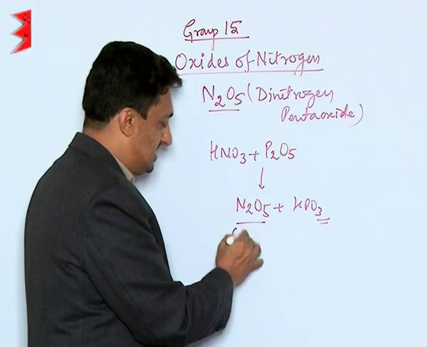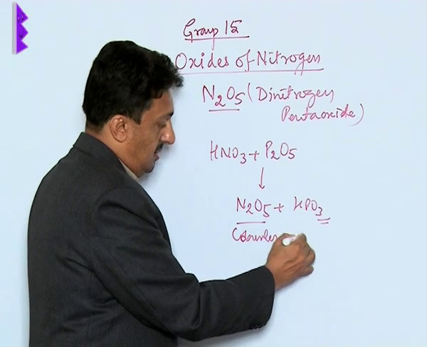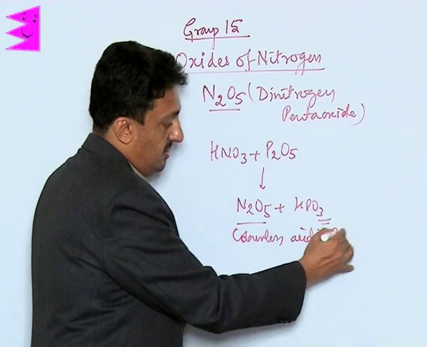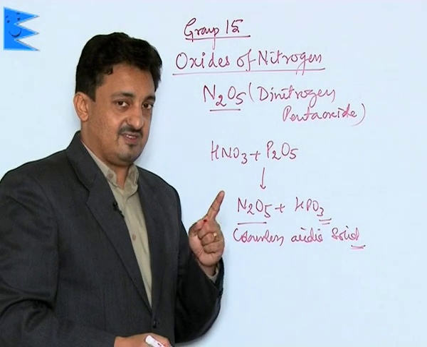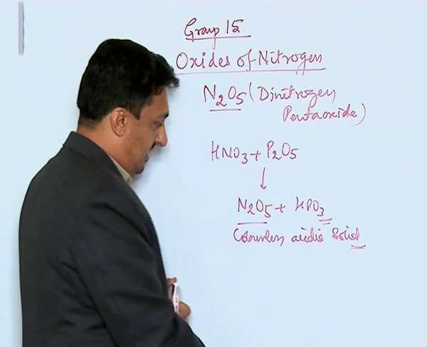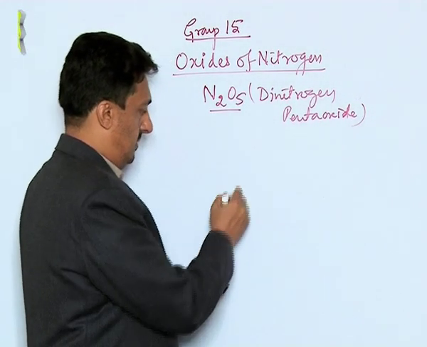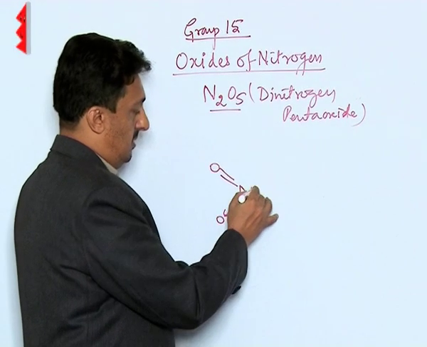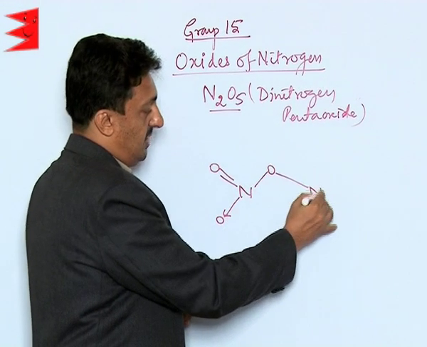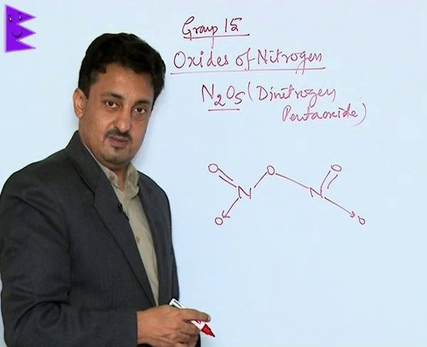It's a colorless, acidic solid, and its structure is that two NO2 type molecular species are combined with each other through a common oxygen.